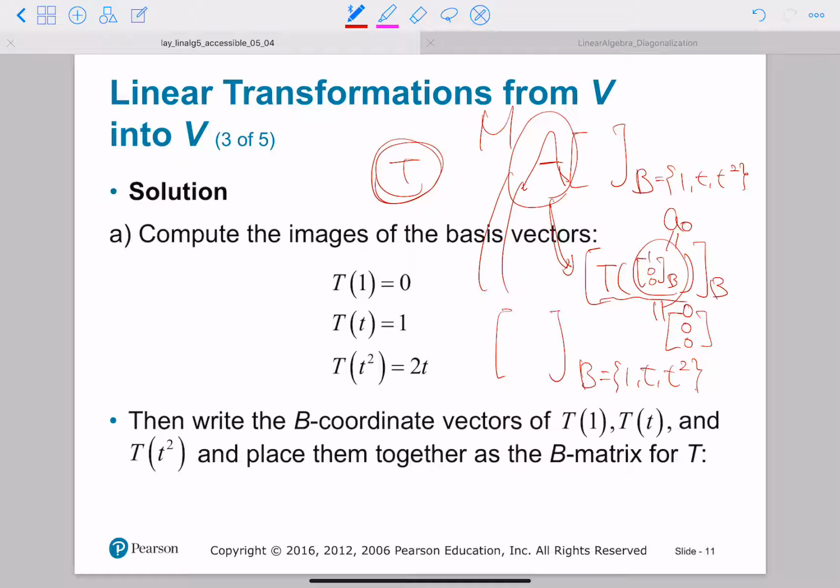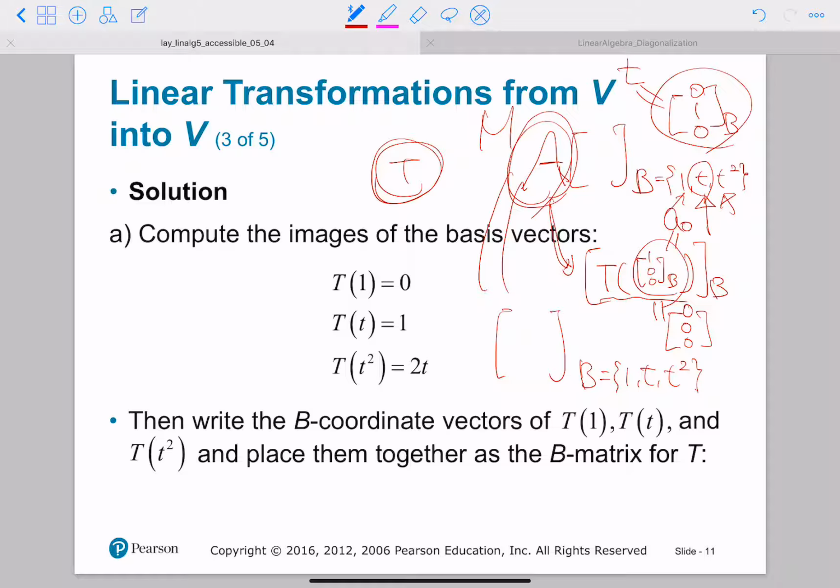So that will be the first column of matrix A, right? So what about the second column? For the second column, we take the input of this guy, and this guy is simply t, because we just assign 1 as the linear combination coefficient to the second vector in our basis B, but all zeros for all the other basis vectors.